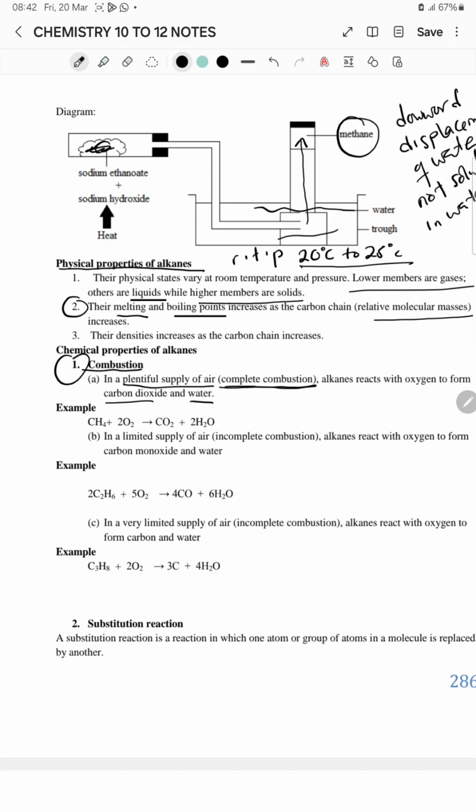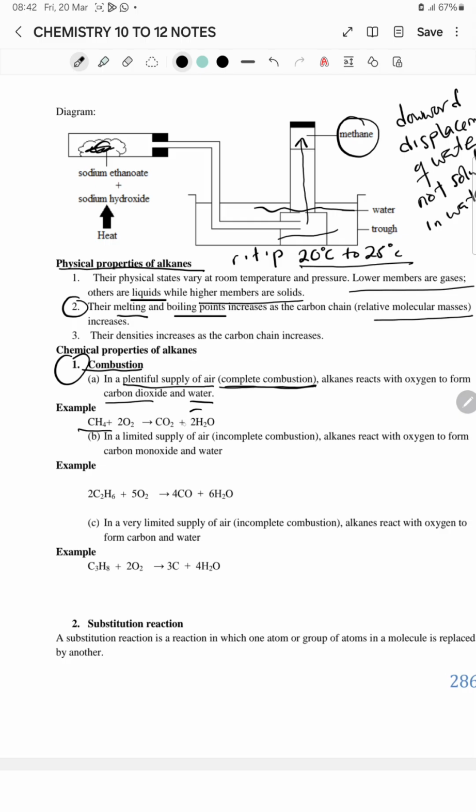When they say complete combustion, the products will always be carbon dioxide and water. This is methane, the first member of the alkanes. Methane plus oxygen gives carbon dioxide plus water, and it is balanced.